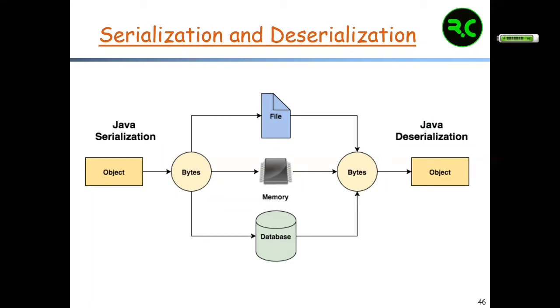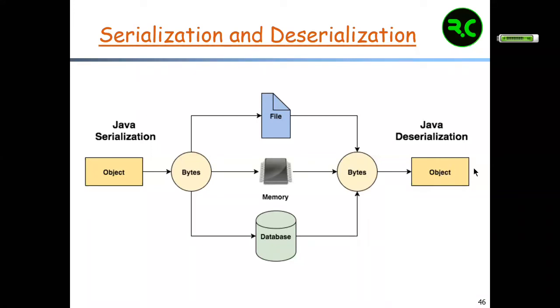Now if I wanted to read it in, I can use a concept called deserialization, which is going to read the bytes from the file which I have written earlier with the help of the serialization concept, and those bytes are going to be converted to an object again, and that object is going to be returned to the user.